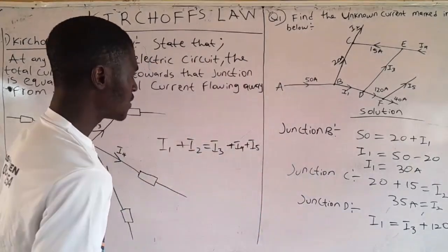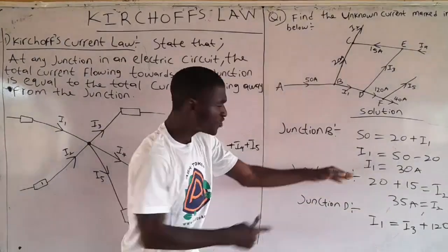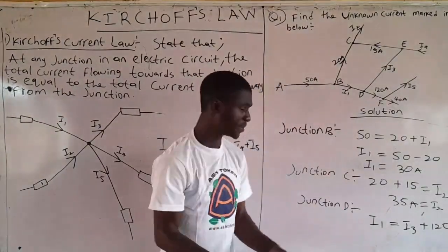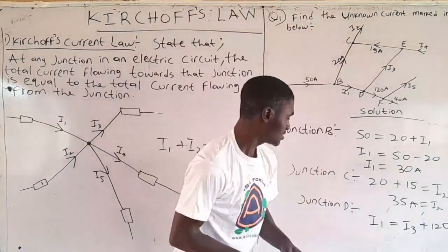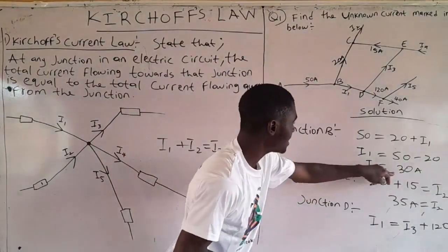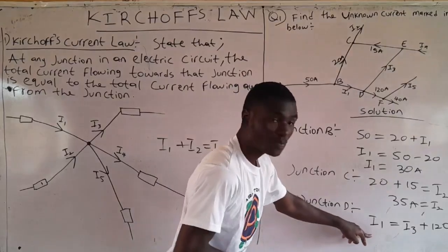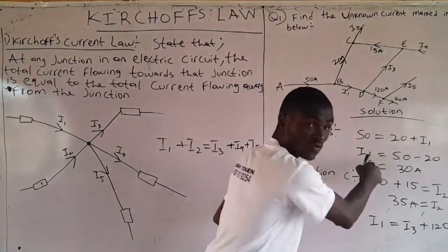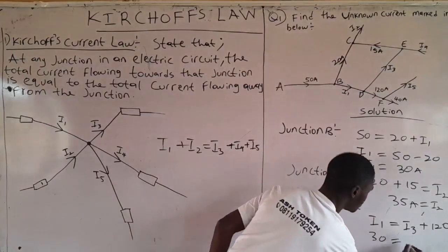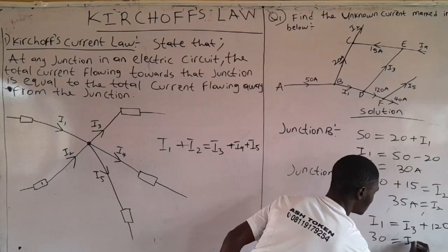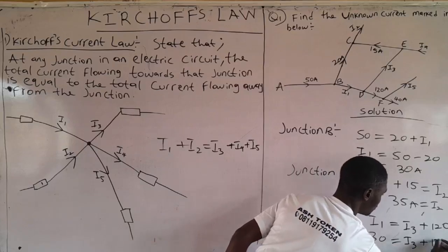But if you can recall, in junction B, we have gotten I1, which is equal to 30 amperes. All we need to do is our normal mathematics, replacing I1 with 30 amperes, which we have gotten in junction B. So 30 is equal to I3 plus 120.